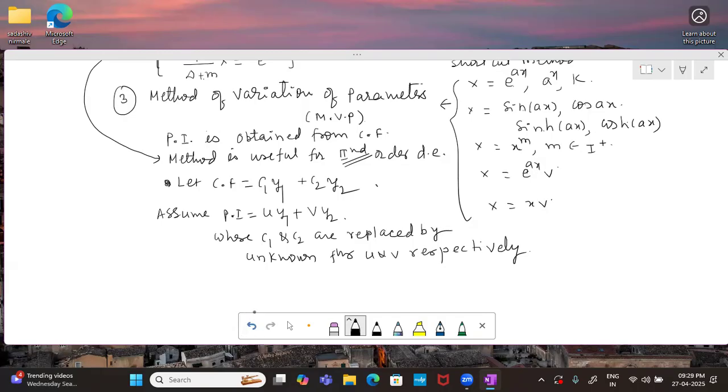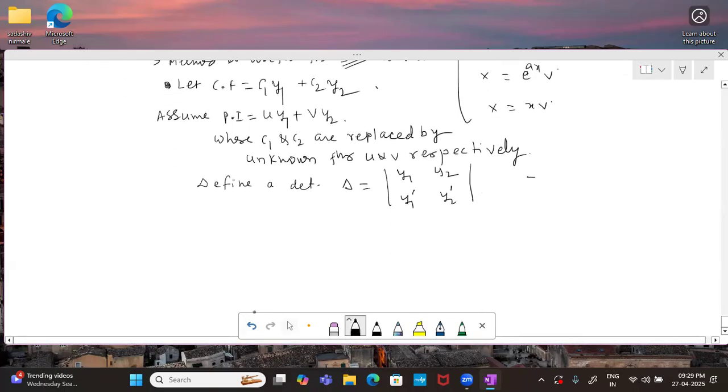Then, as a part of the procedure, define a determinant delta equal to y1, y2, y1 dash, y2 dash, where dash is the derivative. Just solve the determinant and you get delta.